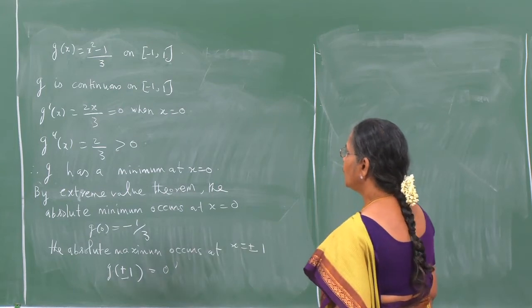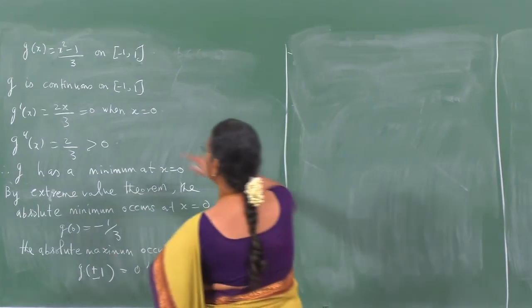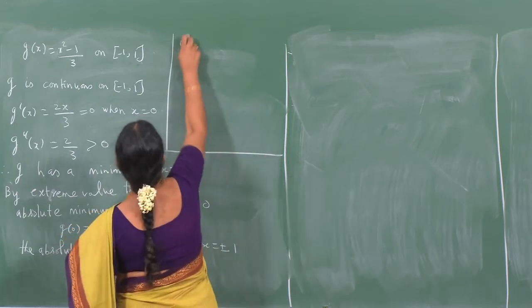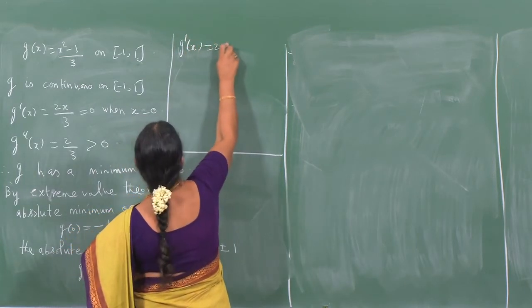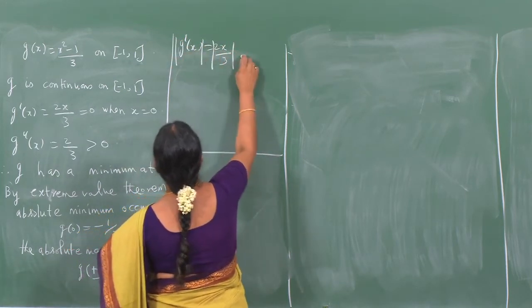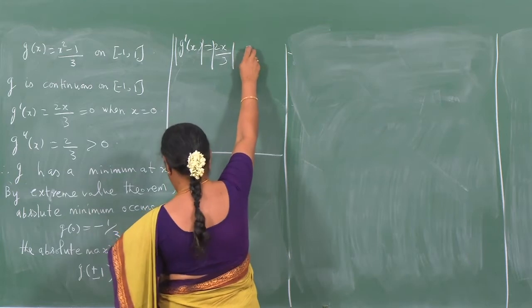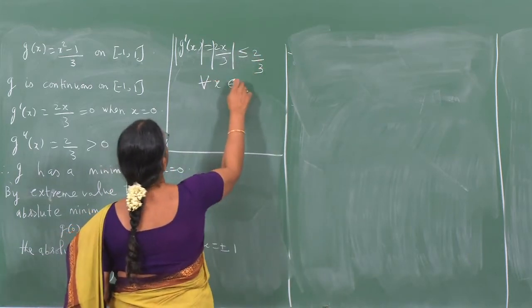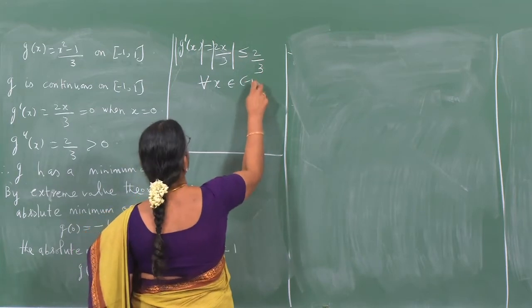Now, let us also see what happens to g dash of x. g dash of x is 2x by 3, and the absolute value of g dash of x is less than or equal to 2 by 3 for every x in the interval minus 1 to 1.